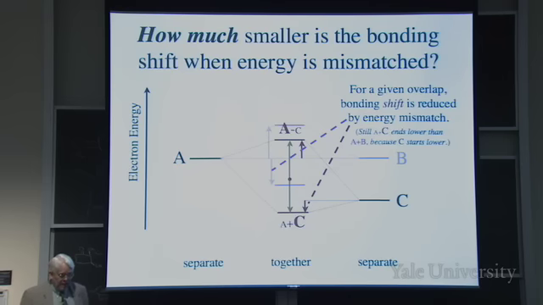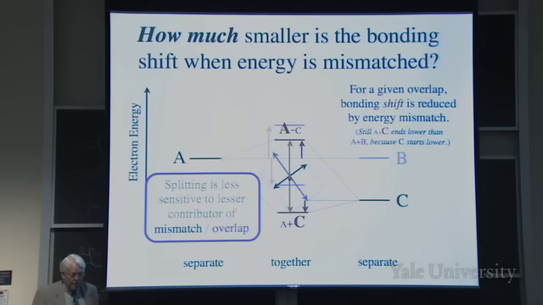But still, A plus C will be lower in energy than the original one was, A plus B. Okay? And we had that construction, which shows us an interesting thing, which is the splitting is not very sensitive to the one of these contributions that's smaller.